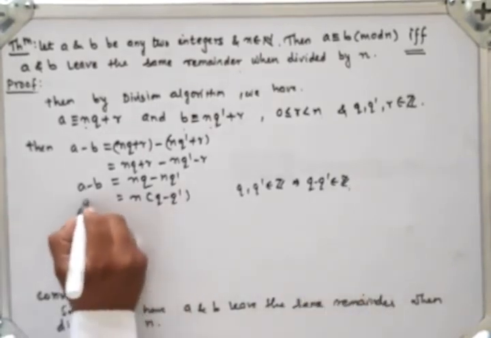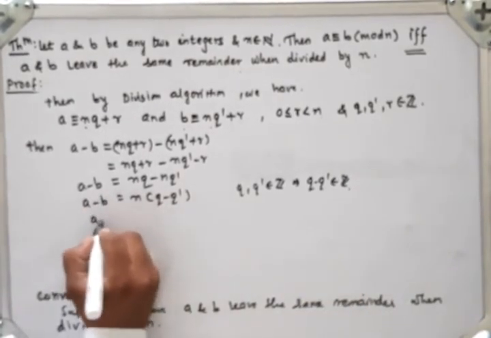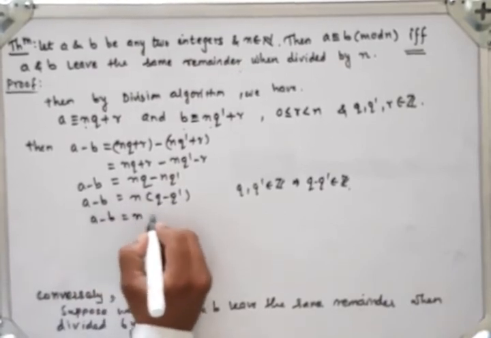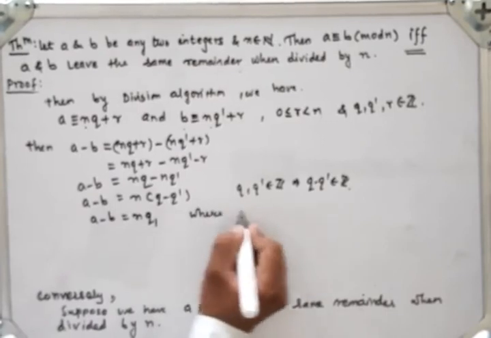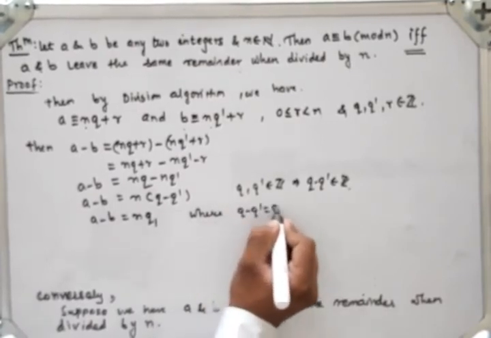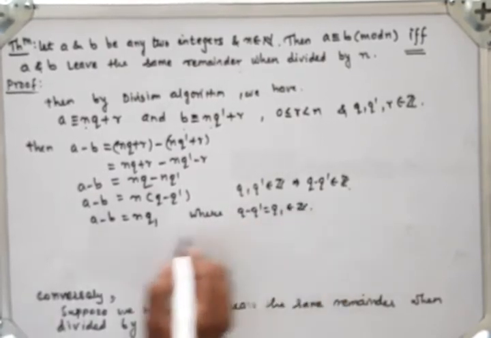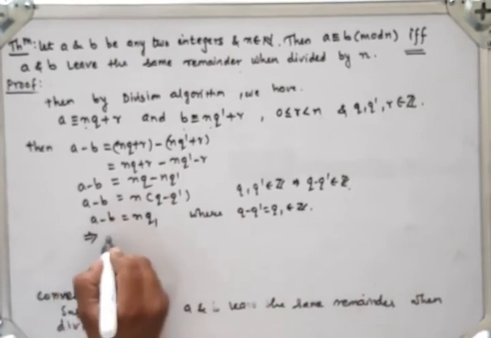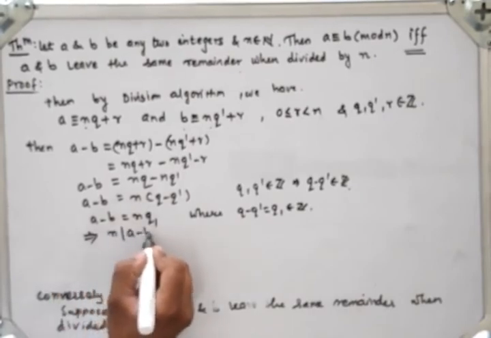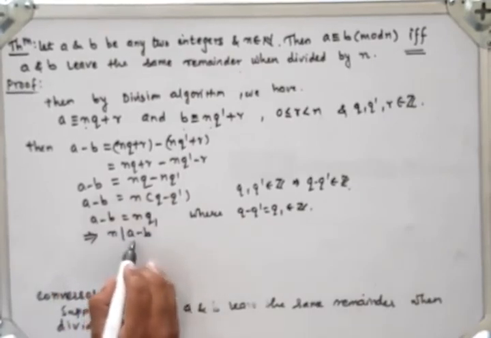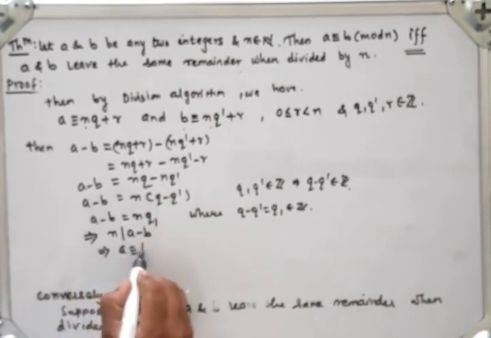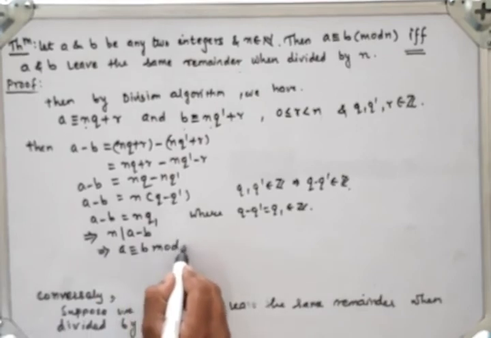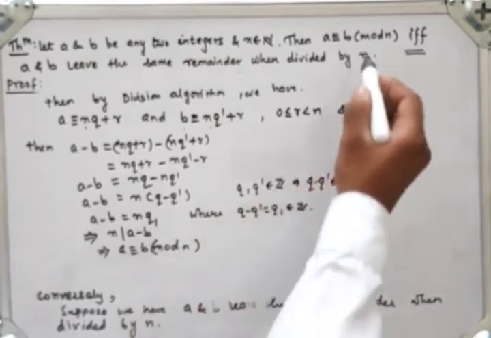So a − b = n·q1, where q − q' = q1 belongs to the set of integers. Then by the definition of divisibility, n divides a − b, and by the definition of congruence modulo n, we get a is congruent to b modulo n, and hence the proof of the theorem.